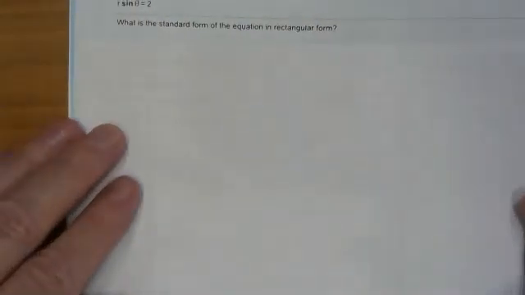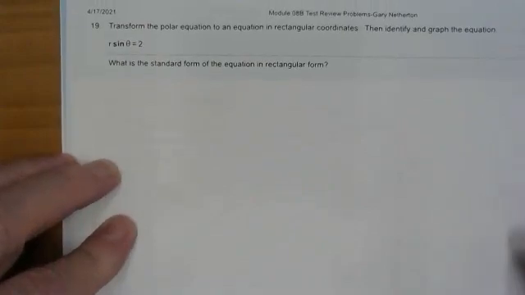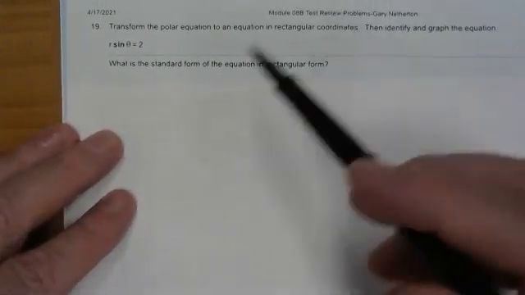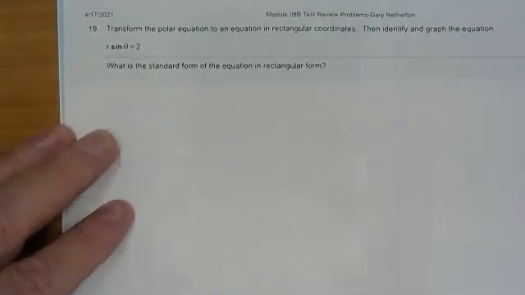So what do we have next? Number 19, another polar equation. Transform the polar equation to rectangular: r sine theta equals 2.